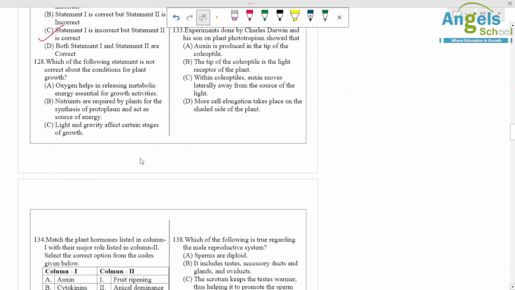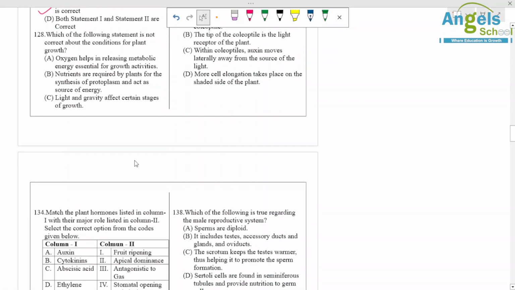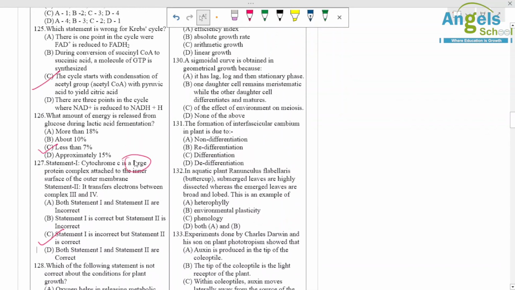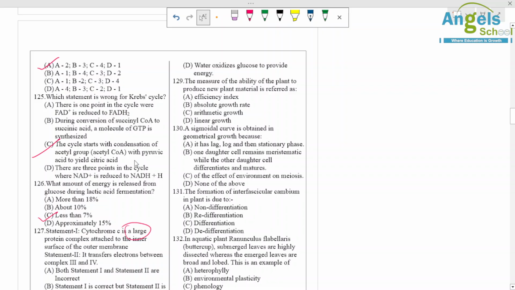Light and gravity affect certain stages of growth. Now, these are all correct statements. Option D: water oxidizes glucose to provide energy. No, so this is a wrong statement.